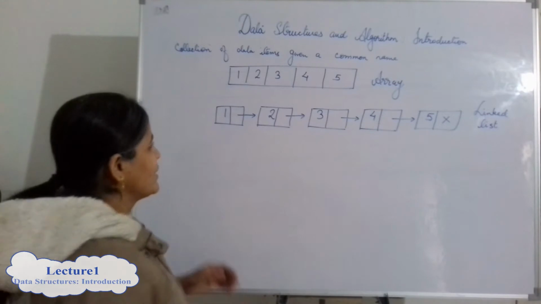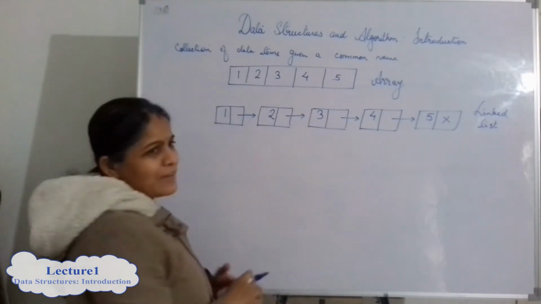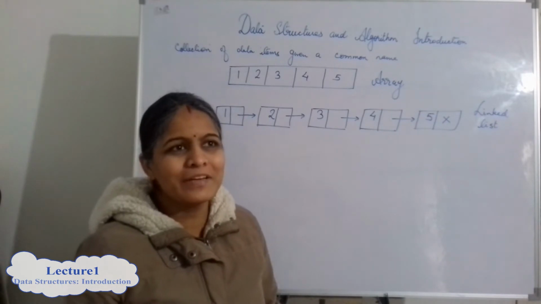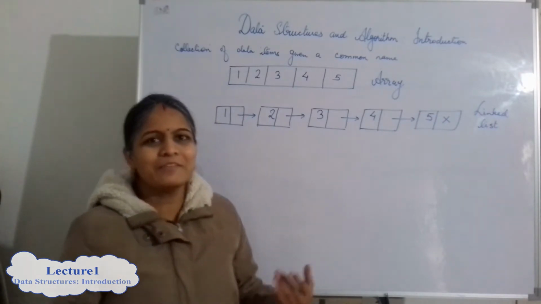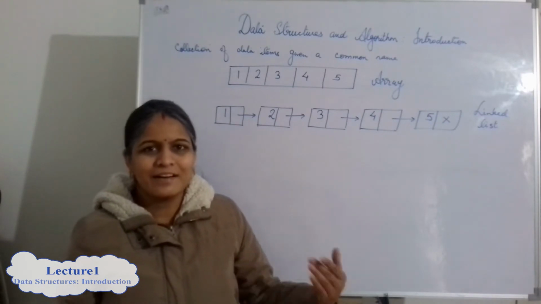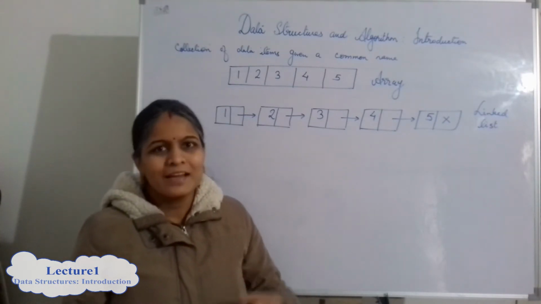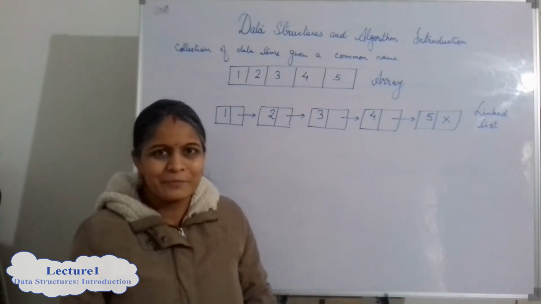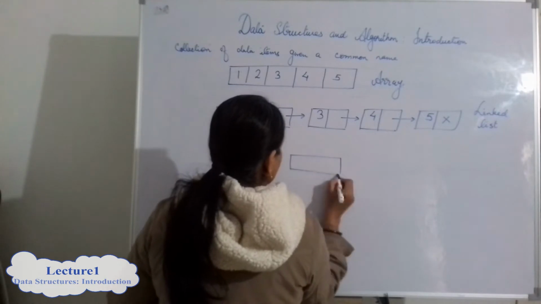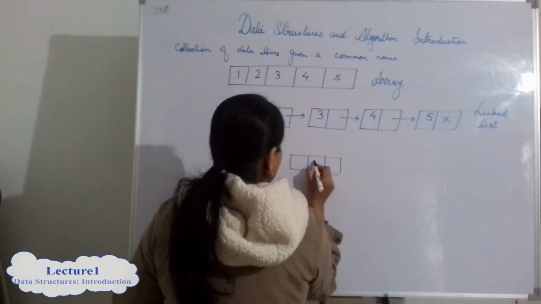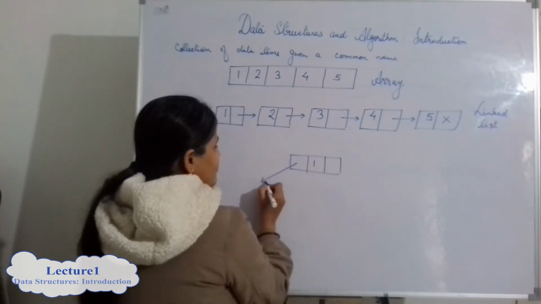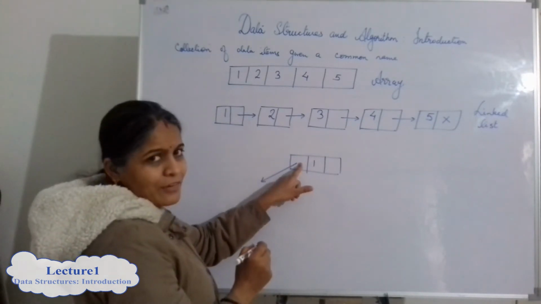Okay, if we store these 5 elements in form of a hierarchy or in form of a tree, when we say tree, then tree must contain a root node and child nodes. Okay. For example, first element, this is the address of left children.